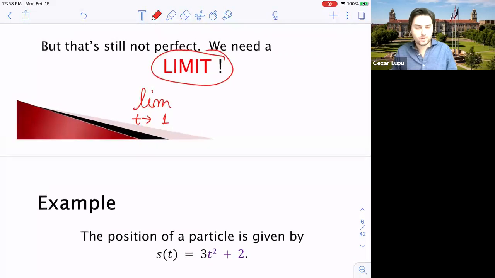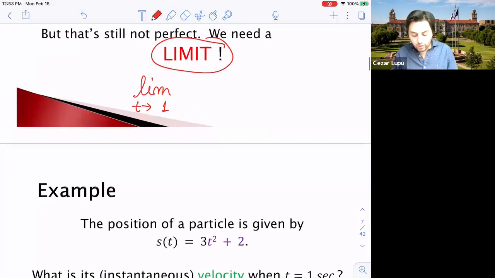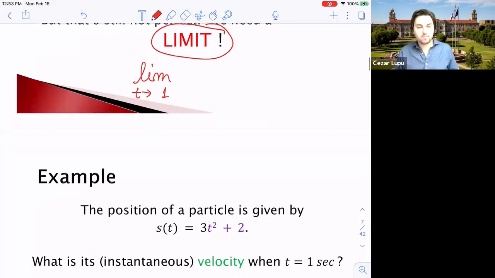So now let me give an example, so that things will be very clear. You see, the position function of a particle is this quadratic function, s of t is 3t squared plus 2. Just look at it. And the question is, what is the instantaneous velocity at t equals 1 second?